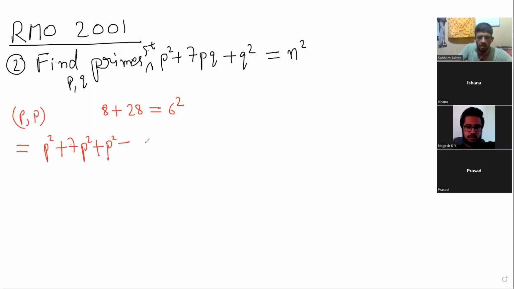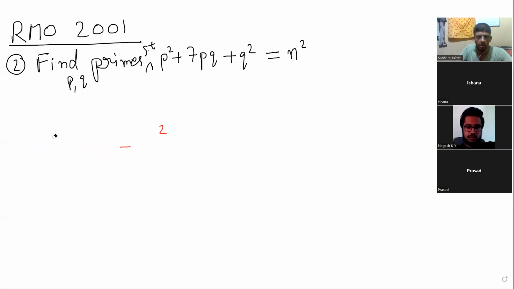I didn't see it. So certainly P equal to Q works. It's not about primes in that. Let's focus on P not equal to Q. You just note down P equal to Q. Now we'll look at P not equal to Q.